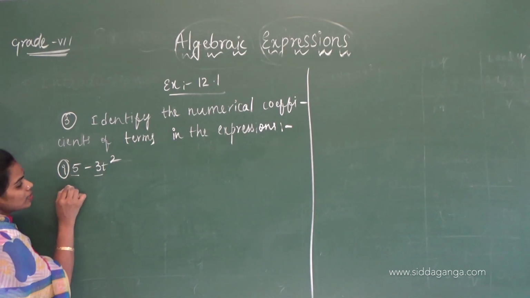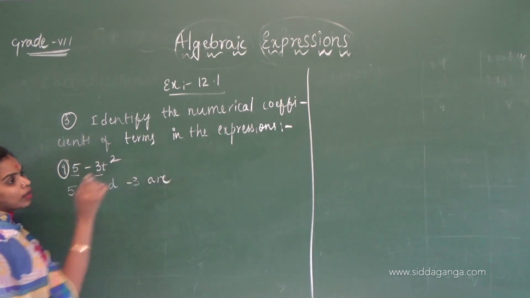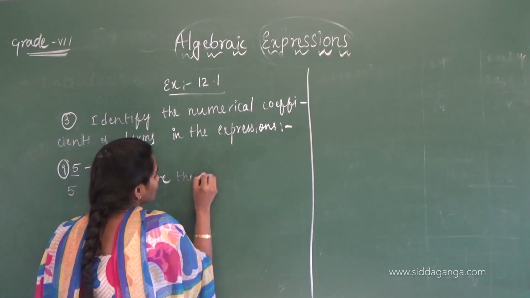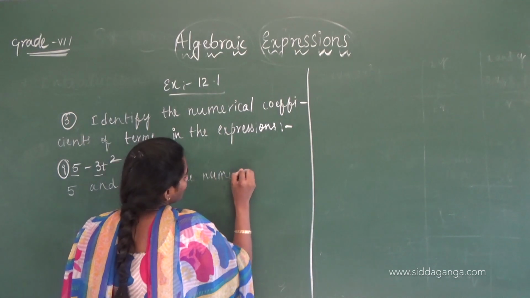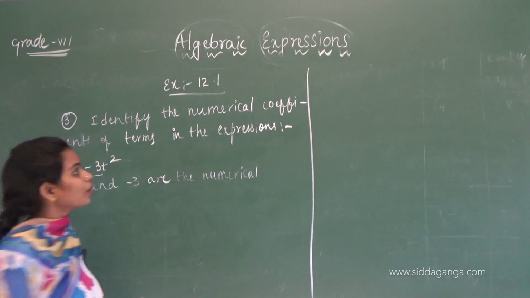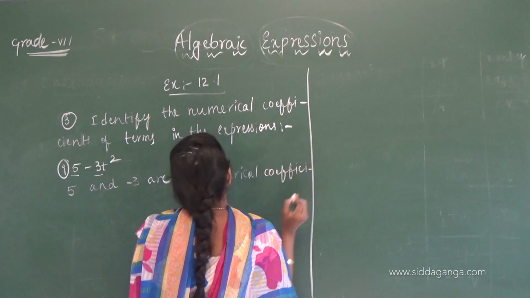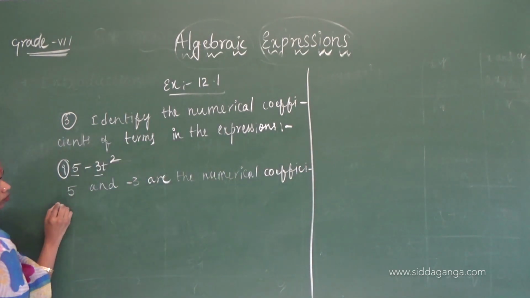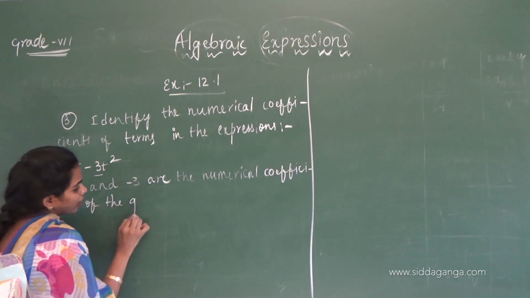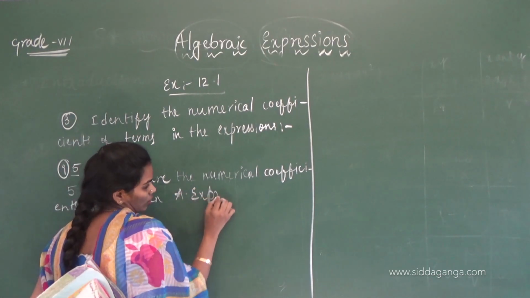That is 5 and minus 3. 5 and minus 3 are the numerical coefficients of the given algebraic expression.